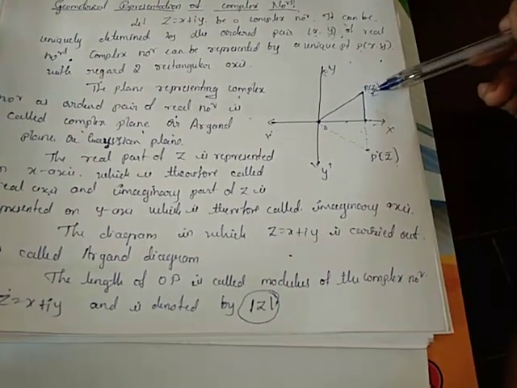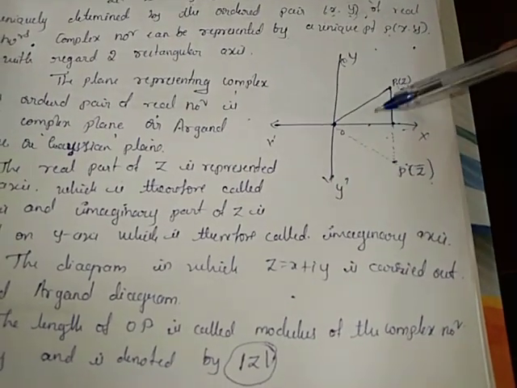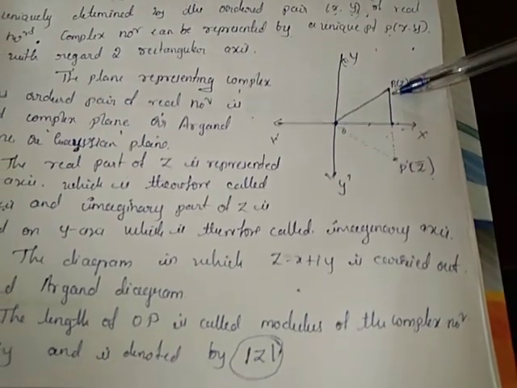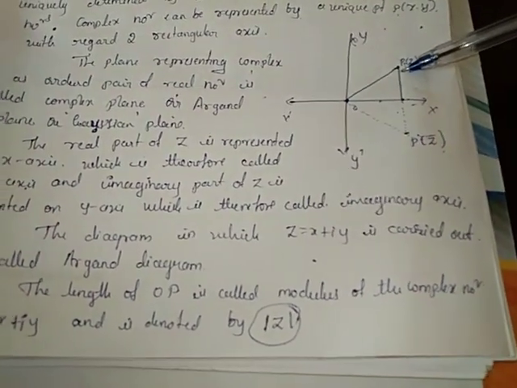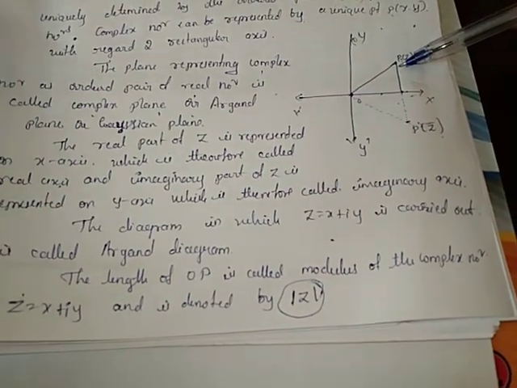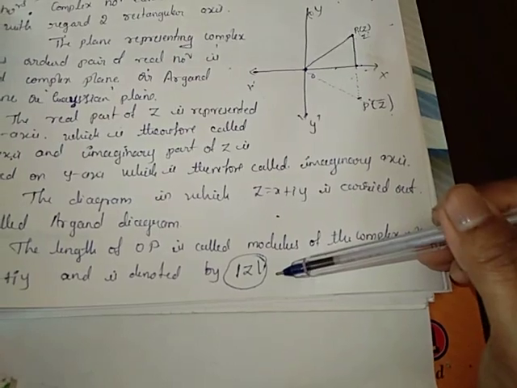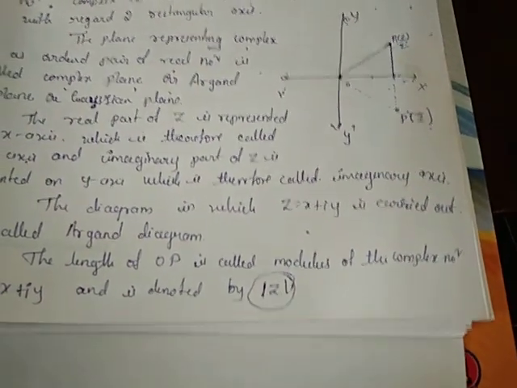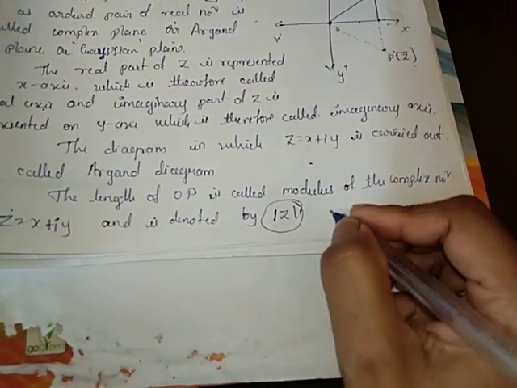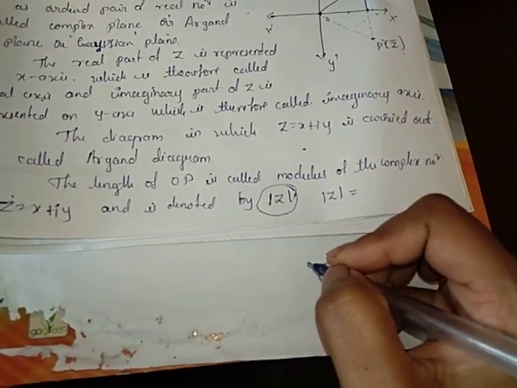And as here, I am mentioning P of z and P of z bar, where x is common in both z and z bar. So the length OP is called the modulus of the complex number, indicated by this symbol. Now we define the modulus of z.